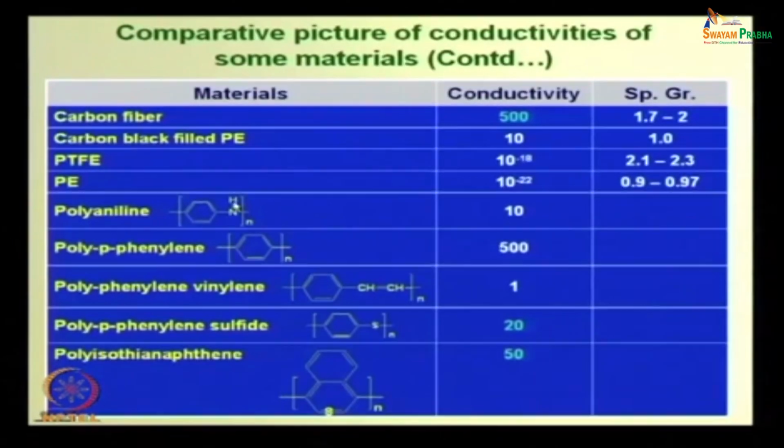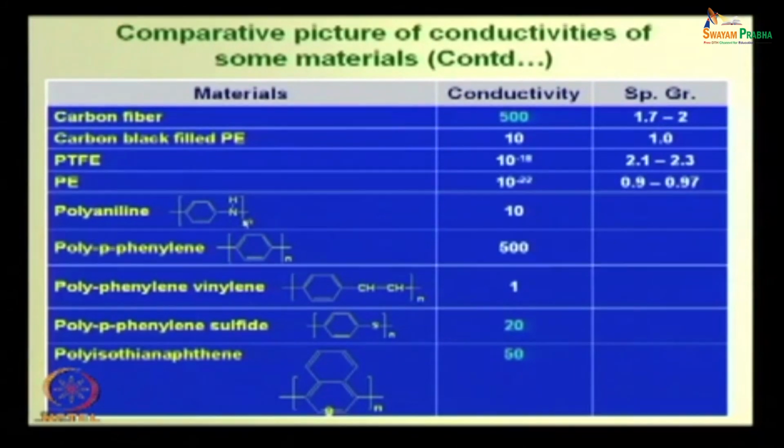Here you see this nitrogen is bonded to hydrogen, it will form like an amine salt, like aniline hydrochloride. By virtue of that salt formation, it actually does the protonation. That means this nitrogen will be protonated. Once this nitrogen is protonated, that has influence on these conjugated electrons, that helps in conductivity.